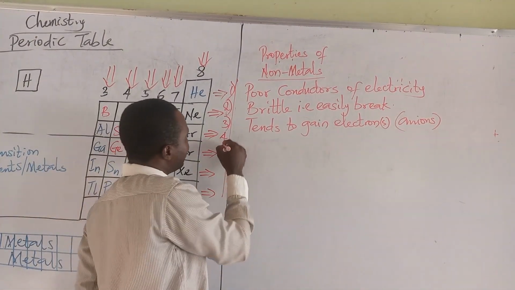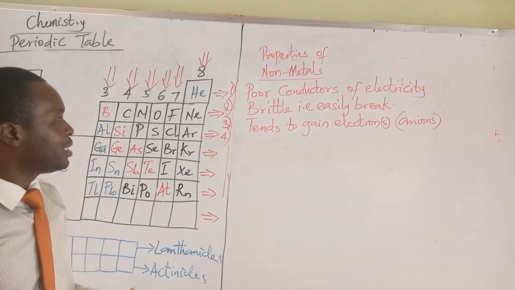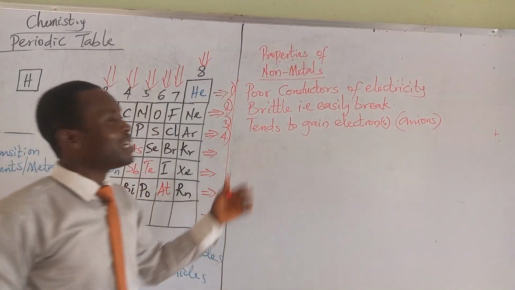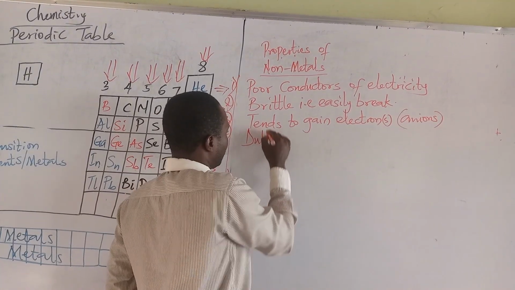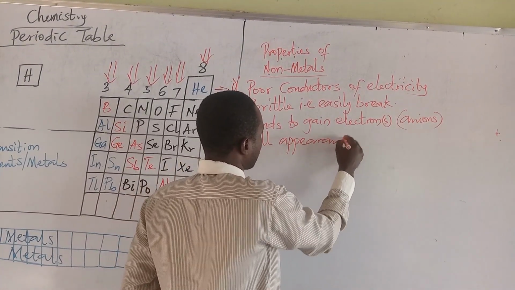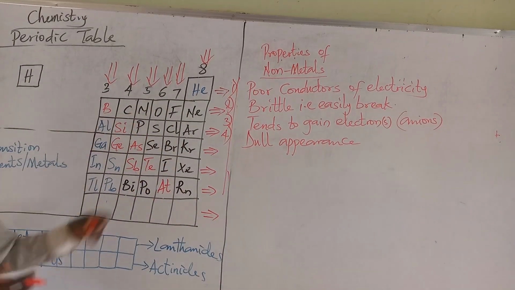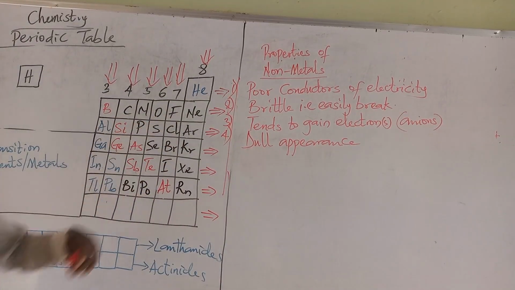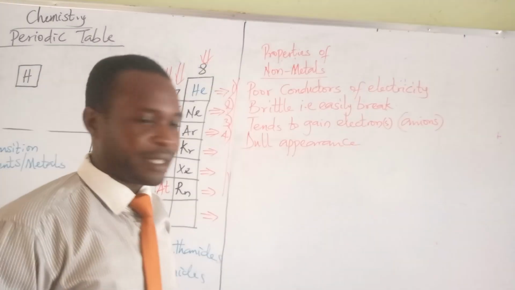We said that metals shine, but non-metals have a dull appearance. Some of their examples are nitrogen, oxygen, fluorine, neon. Those ones in black are non-metals.